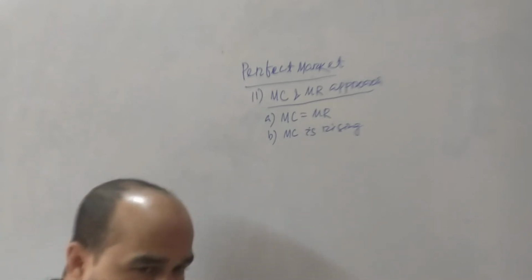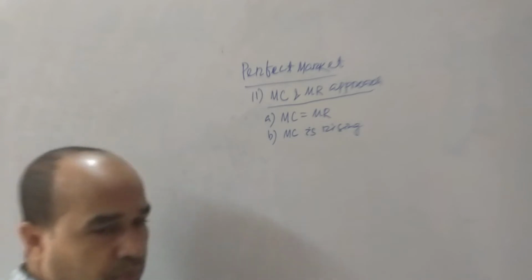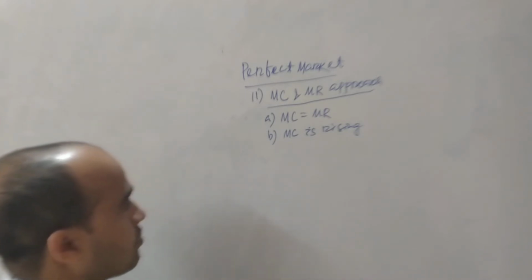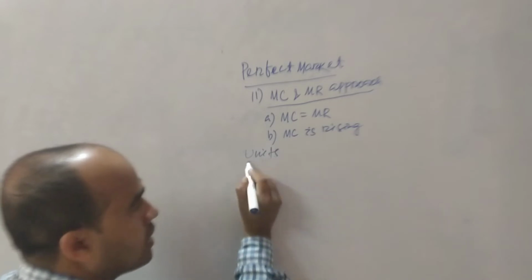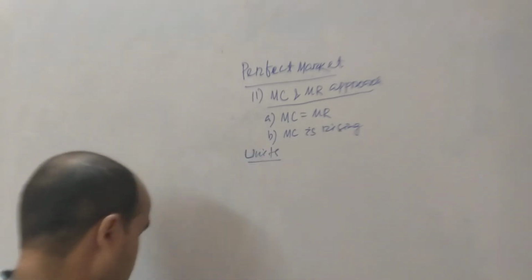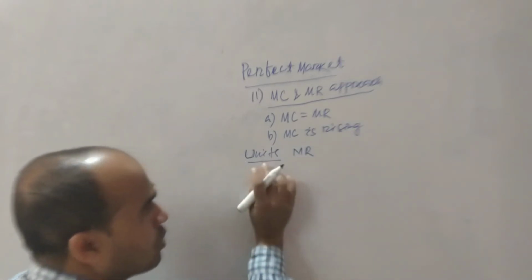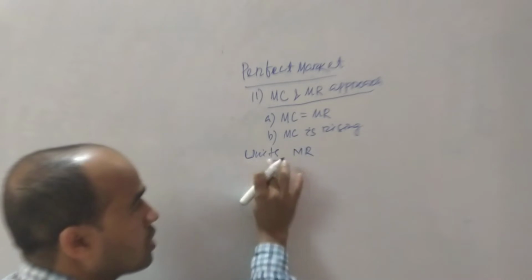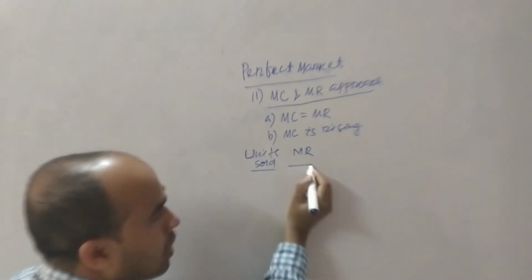The numerical example can then be explained with the help of a figure. Clear? Okay, come to the numerical example. First we have units sold, after that MR and MC.